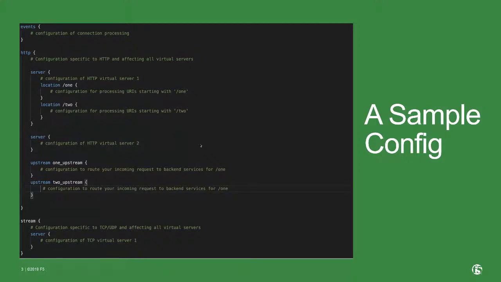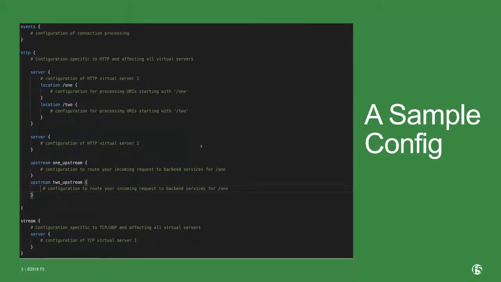So starting from HTTP, you can define a server block. You can have multiple server blocks, but mostly customers tend to have a single server block where they have their API server running. And each server can have multiple locations as well. When I say location, it is more of an API that gets exposed or consumed by your consumers.